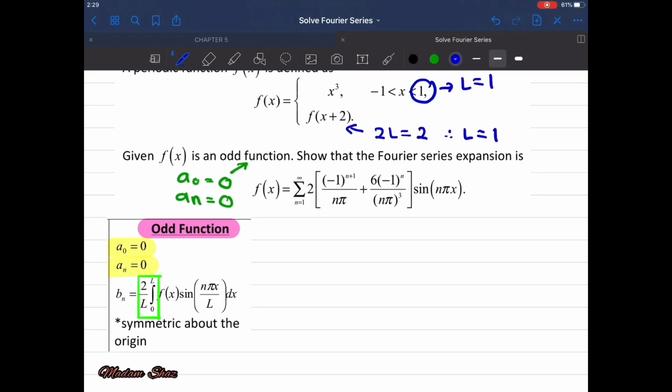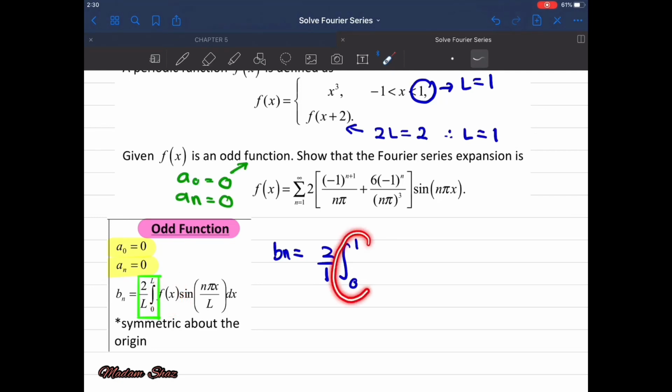So therefore, our bn is equal to 2 over L, this one will become 2 over 1, because our L is equal to 1. Integrate from 0 until L, so 0 until 1, f(x).